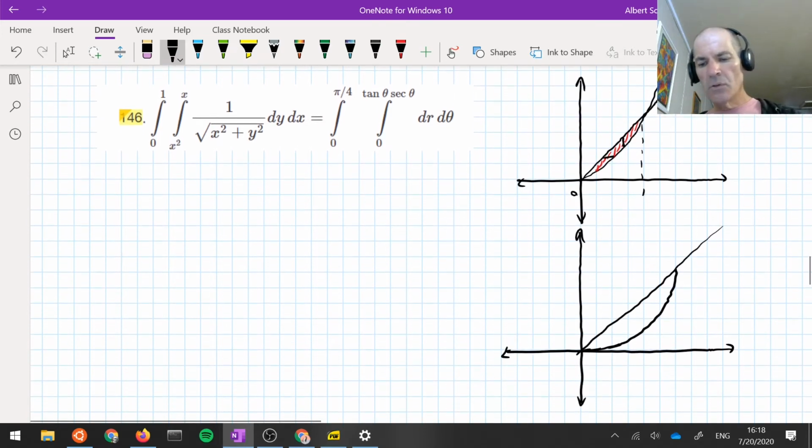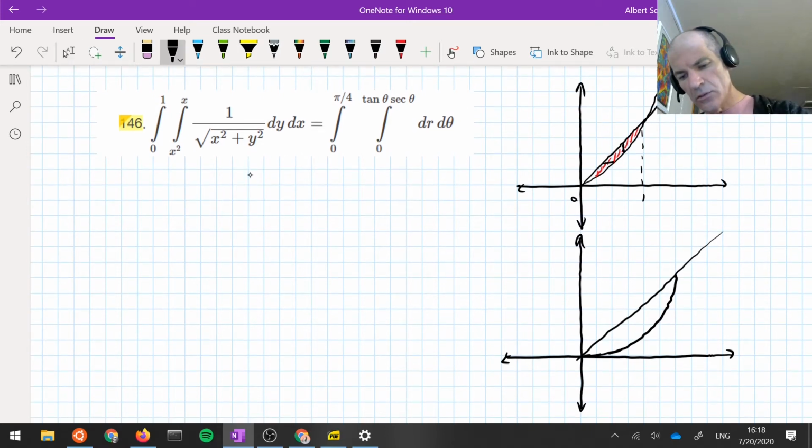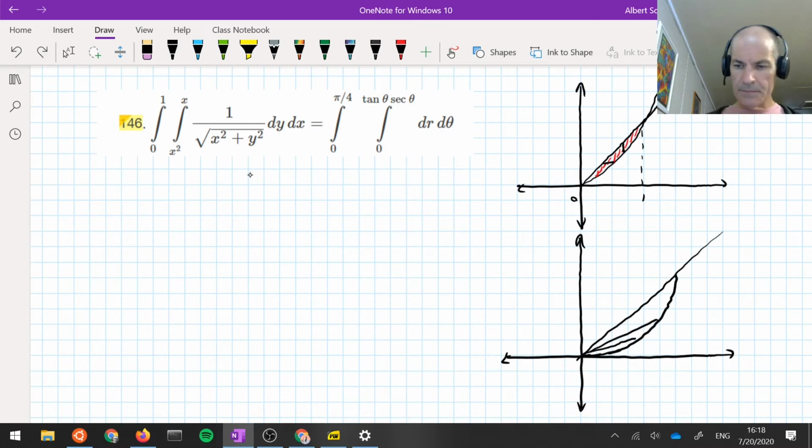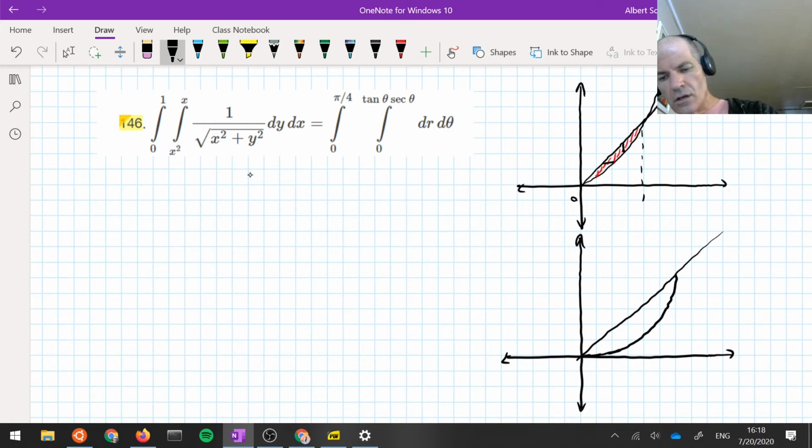When you're integrating in polar coordinates, you're always integrating in radial slices from the origin, like this, or in circular arcs when you're integrating with respect to theta first. Now, as I mentioned earlier, we're never integrating with respect to theta first in this class, so we're always thinking about rays that emanate from the origin and go out to some particular boundary curve, like that.